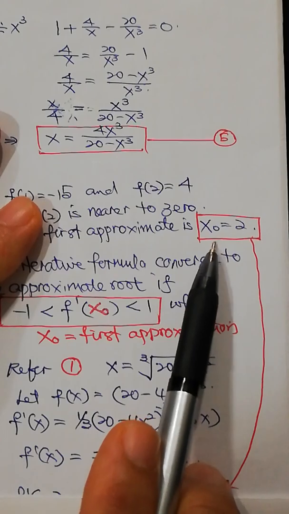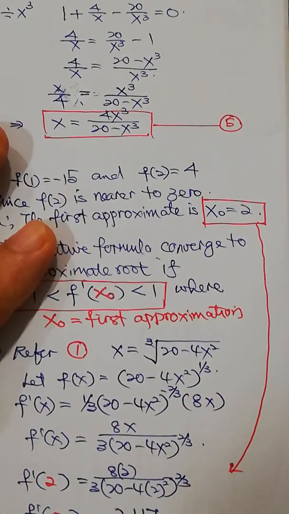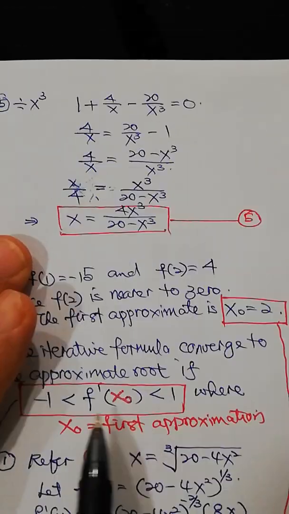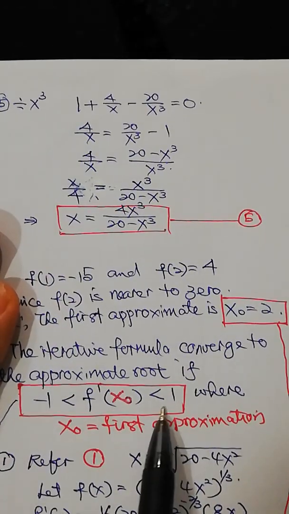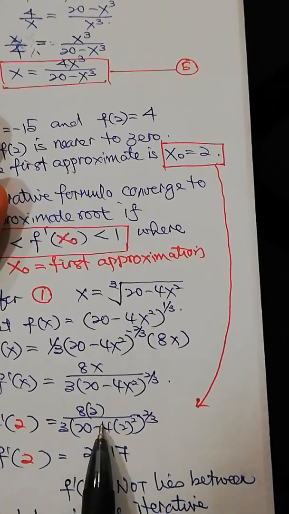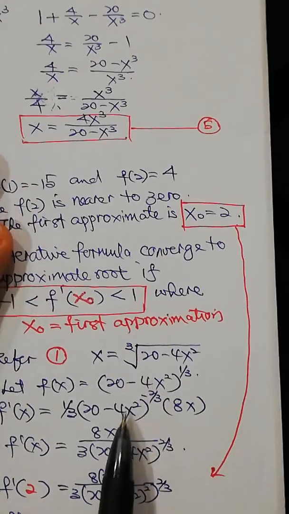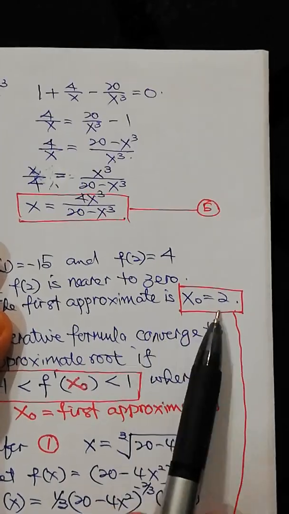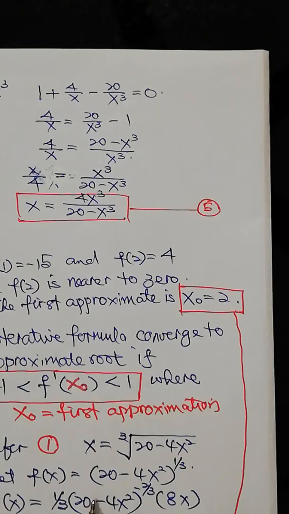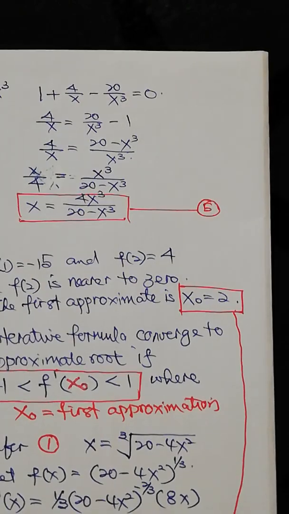I said it's near to 2, so you substitute 2, and you get the answer 2.117. 2.117 is not between these two, isn't it? That means this iterative formula cannot find the answer, 2 point something. You cannot get the answer. The values will run here and there.